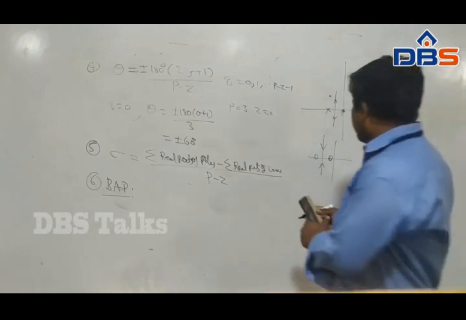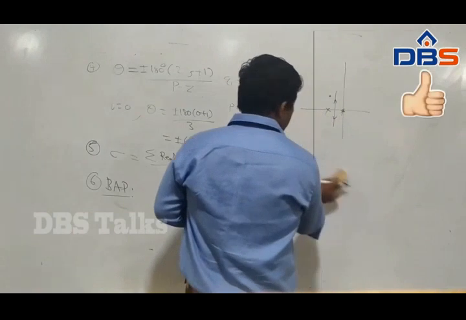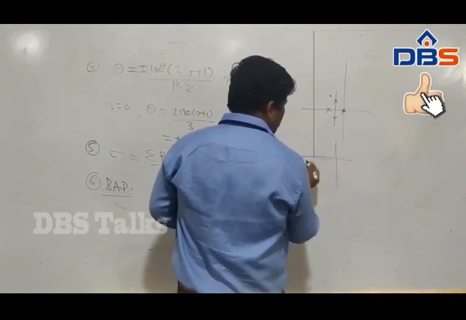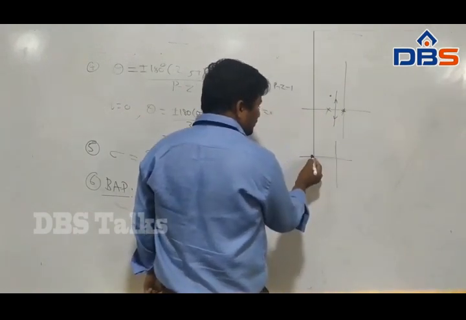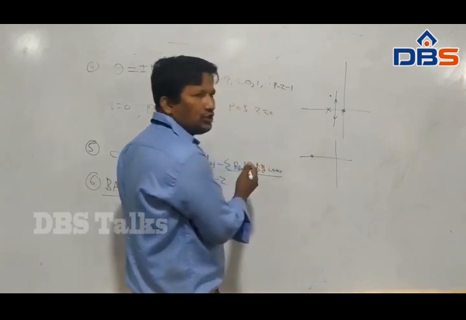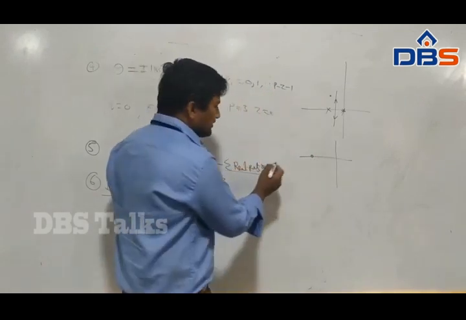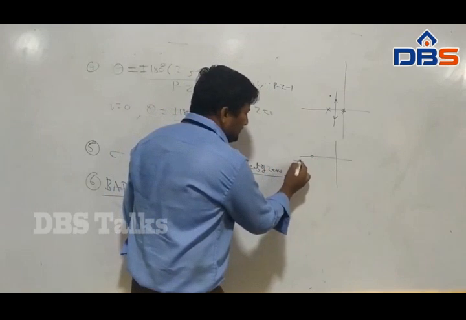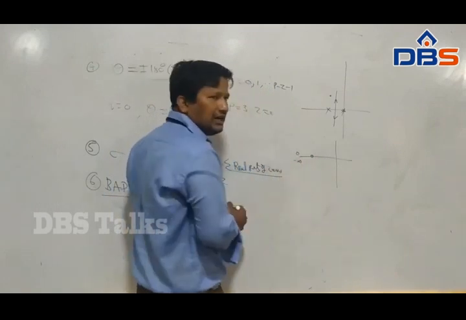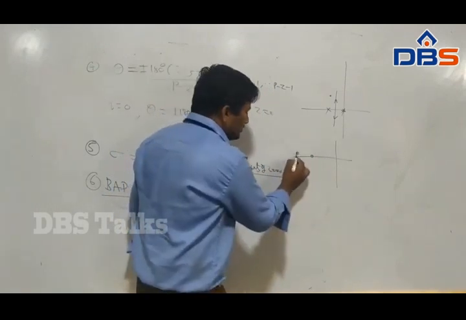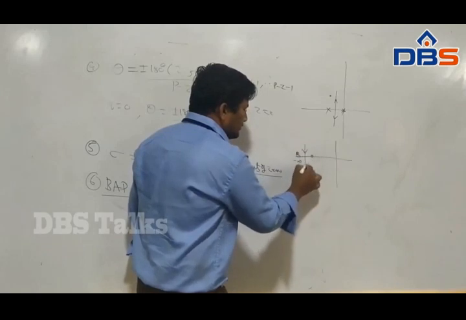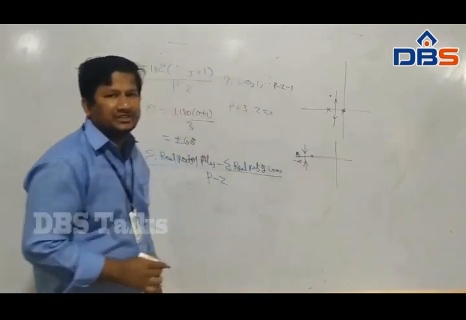Another case: suppose the real axis contains a zero, and after that there is no pole or zero, then minus infinity will be taken as another zero. In this case, a minimum of one breaking point will exist.